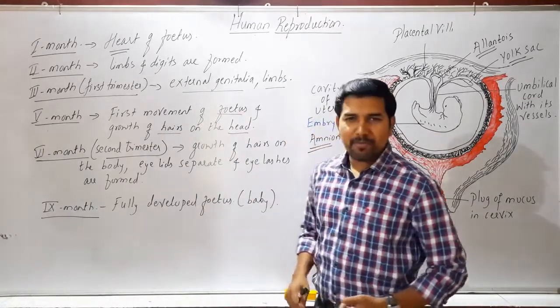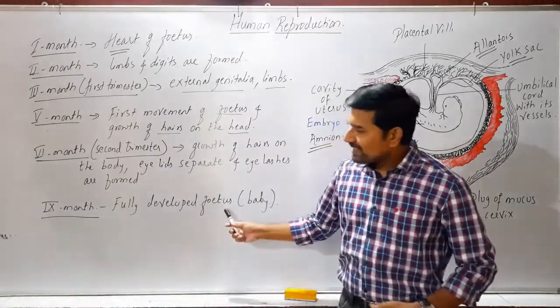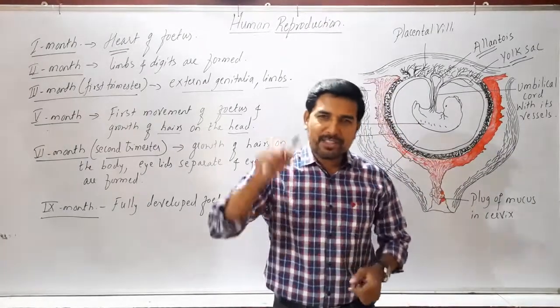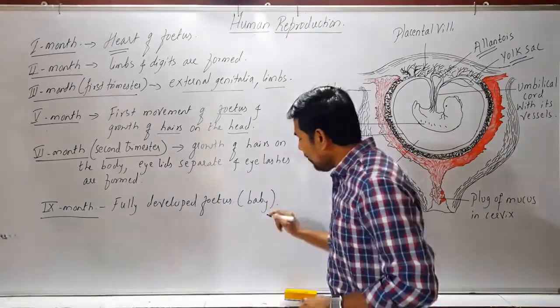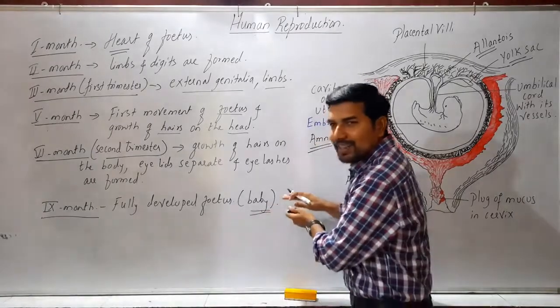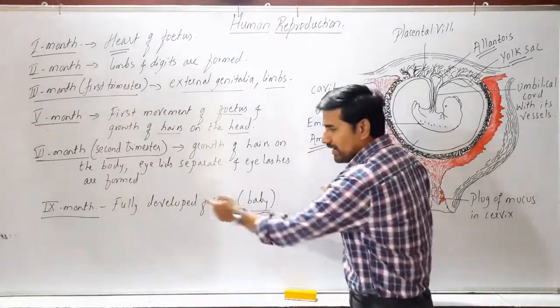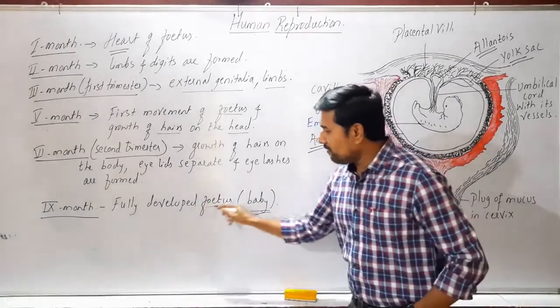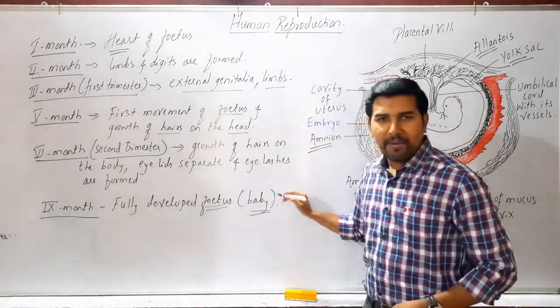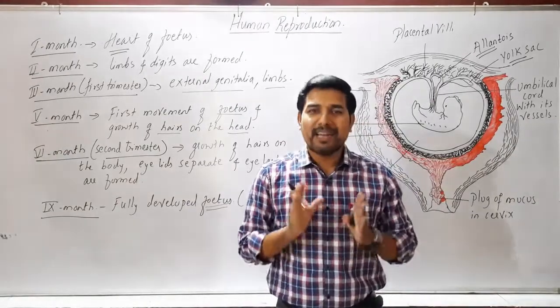In the 9th month of pregnancy, the fetus is fully developed. This fully developed fetus is now called a baby. Till this part we don't call it a baby, we call it a fetus only. In the 9th month, the fully developed fetus is said to be a baby, that is ready for delivery.